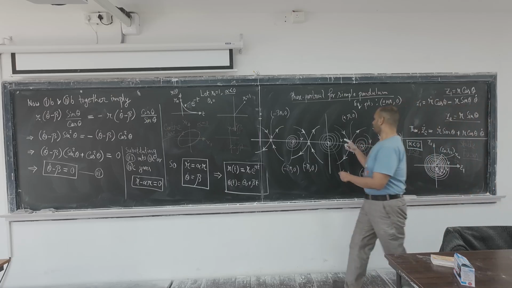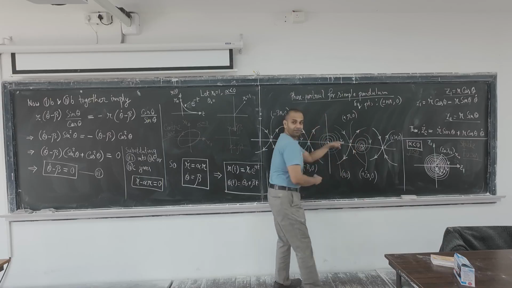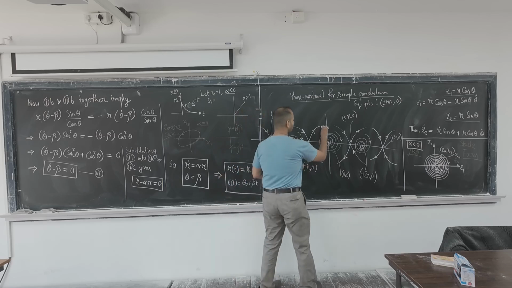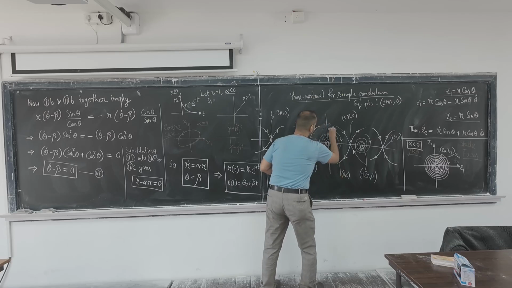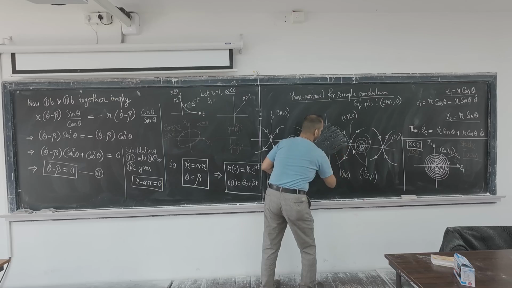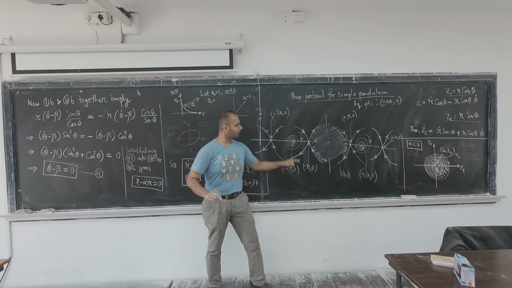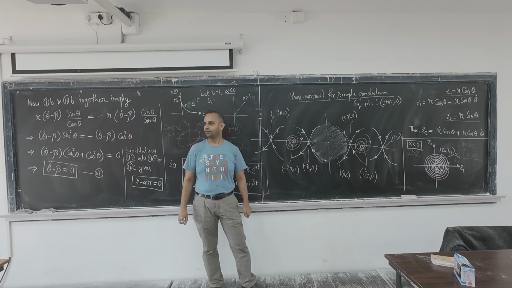So the trajectories for the saddle, all of you please look at the board. Like this is called the separatrix. Why separatrix? Because they are separating out the region. Now if you see, if you take any initial condition within this zone, they will be attracted towards this point.